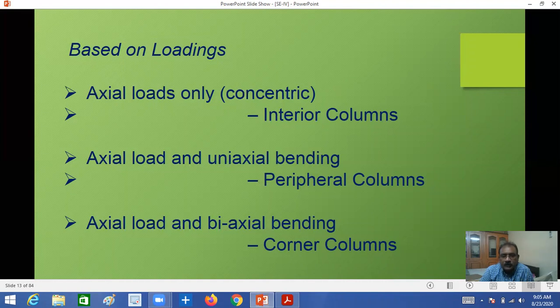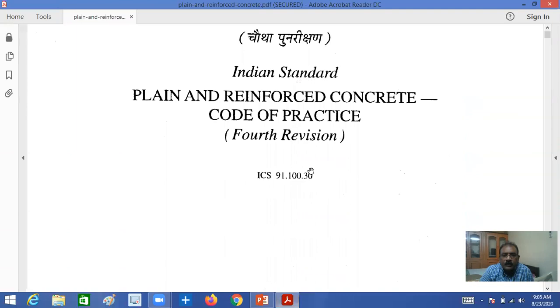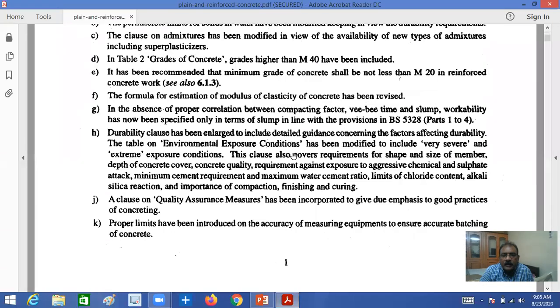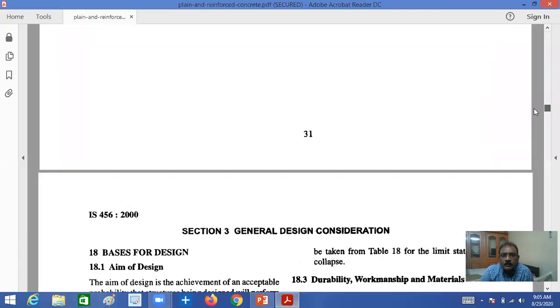There are two types: tied columns and helical reinforcement columns. In tied columns also, two stirrups, three stirrups, four stirrups. That you can see in your IS 456. Different types of columns or ties are there that you can see in this.